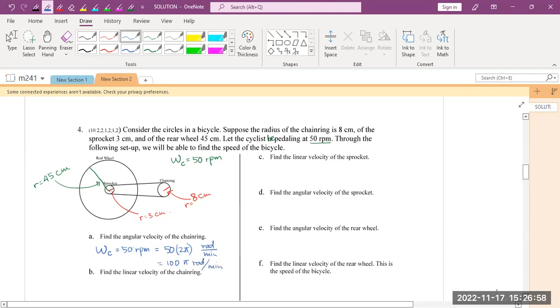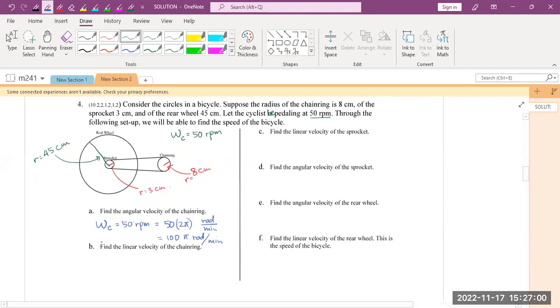Now, how about the linear velocity of the chain ring? The linear velocity of the chain ring will be the angular velocity times the radius of that chain ring, which is 100 pi times the radius 8 centimeters. So the linear velocity will be 800 pi centimeters per minute.